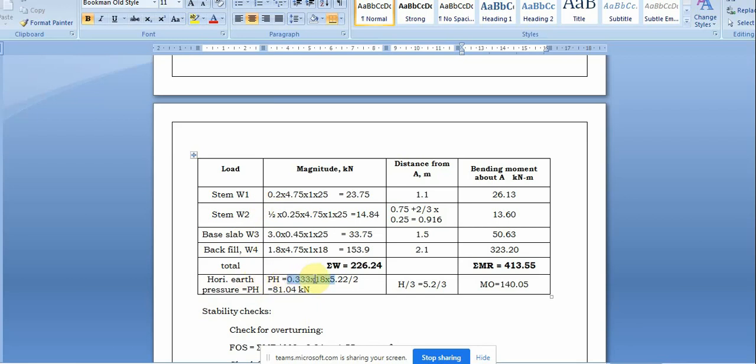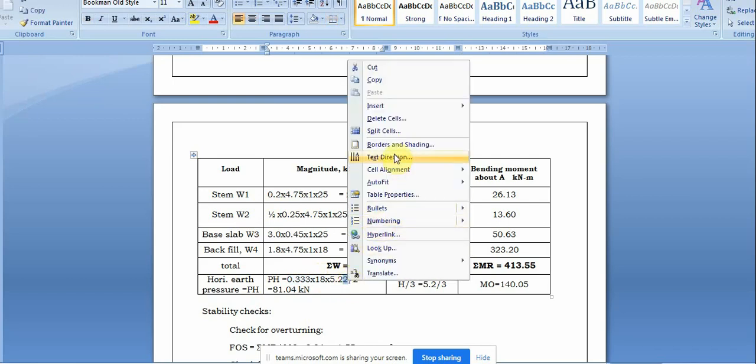Ka, density of soil into height. This is not 5.2, it is 5.2 square, I think. You can make it a square here.